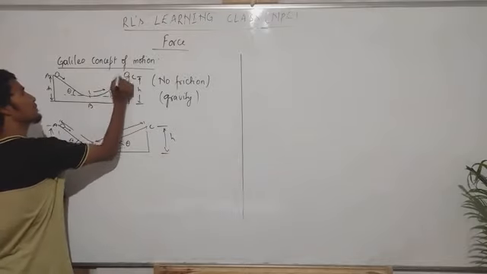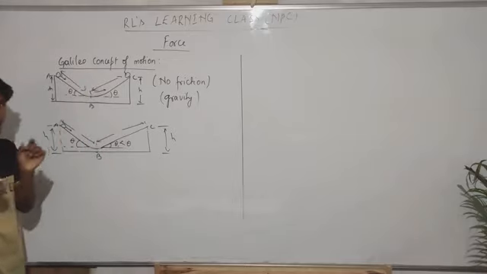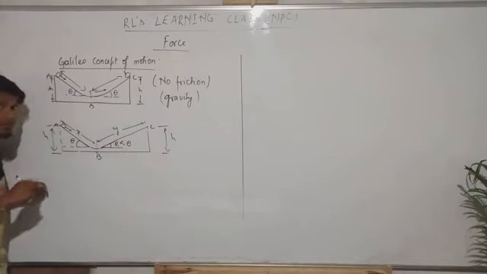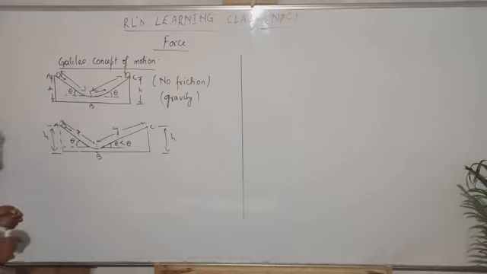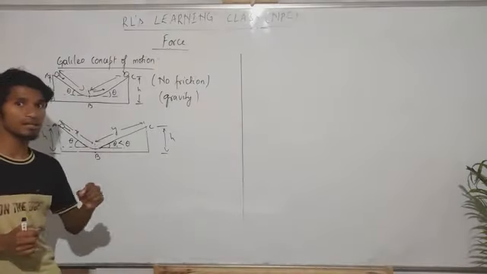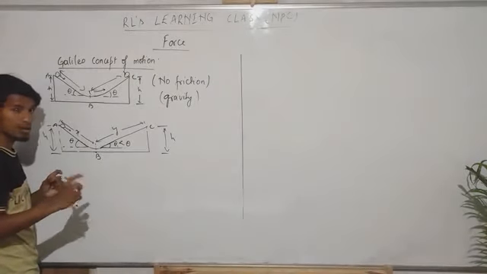Here the distance from here to here is the same, but here the distances are different. This distance is longer than x. When the angle is smaller, the distance is longer.